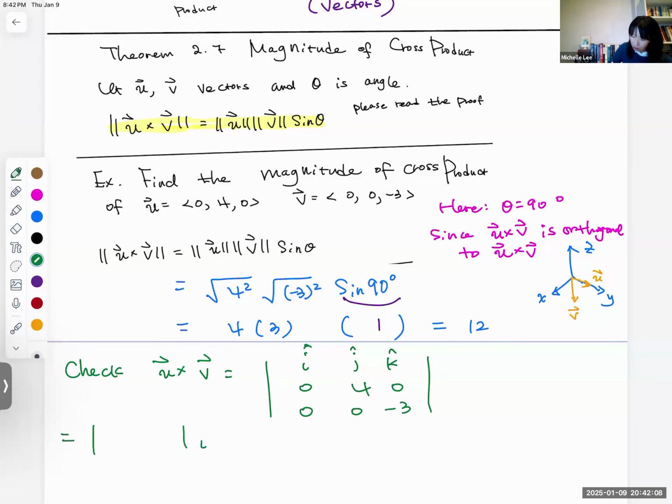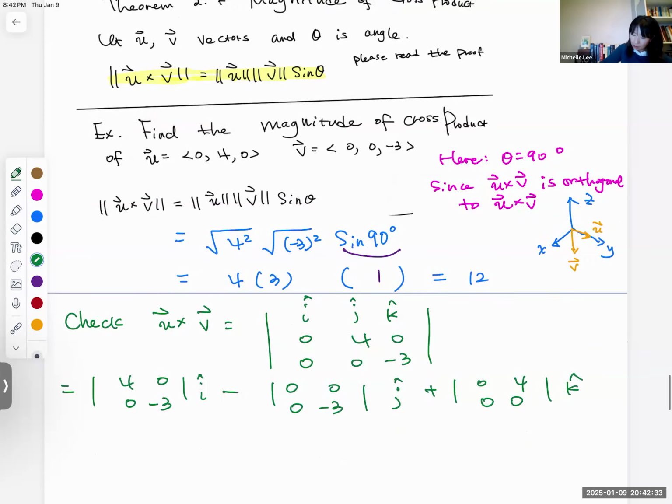So I is 4, 0, 0, negative 3. J is 0, 0, 0, negative 3. And K is 0, 4, 0, 0, right?